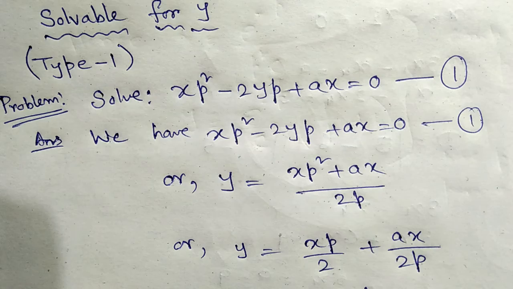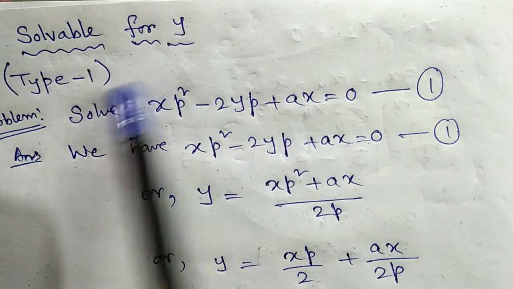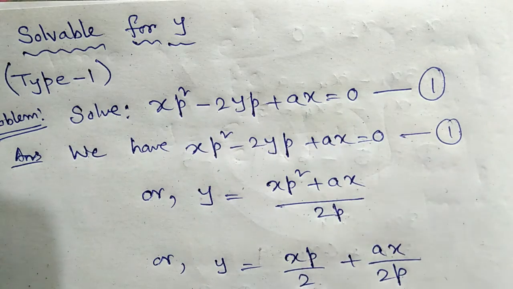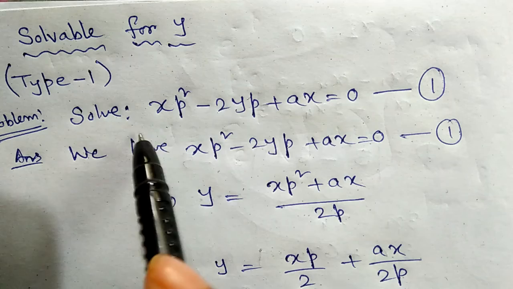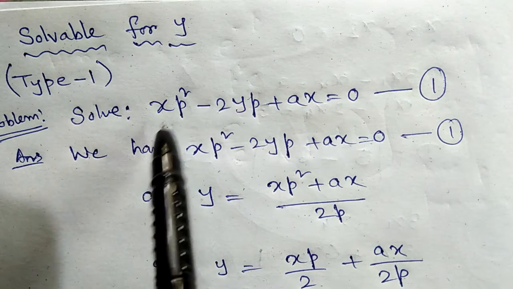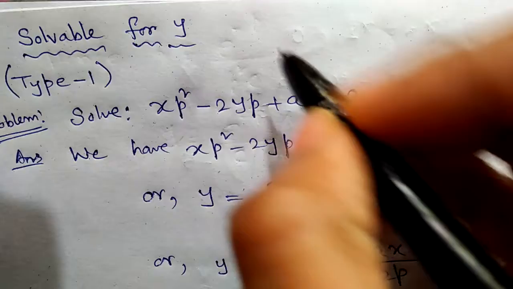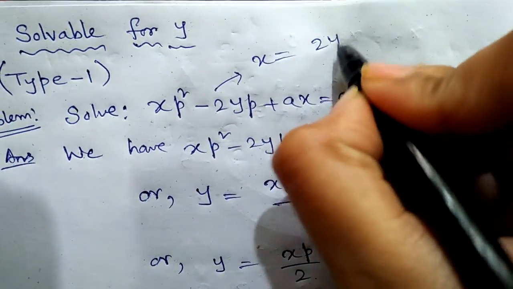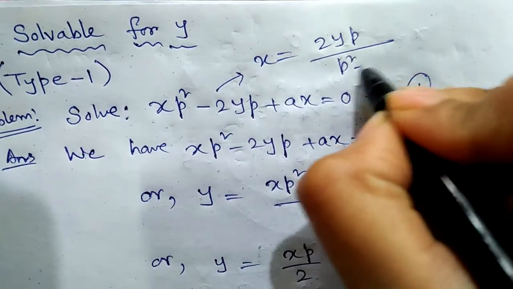Now you can say, can we solve this equation using the technique solvable for x? Yes, we can solve it by finding the value of x as x equal to 2yp by p square plus a.